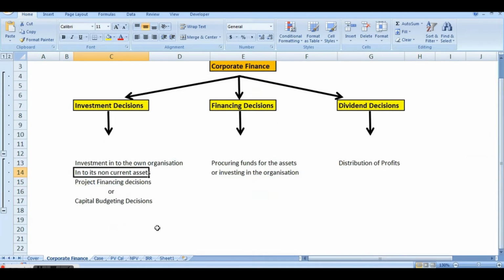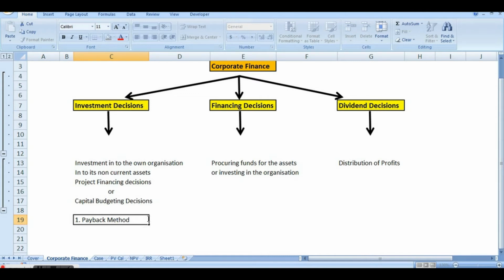Now the first method that is used is the payback method. What is a payback method? As the name suggests, the time period in which you will get back your investment, the machinery will pay back your investment into the machinery, is called the payback period.